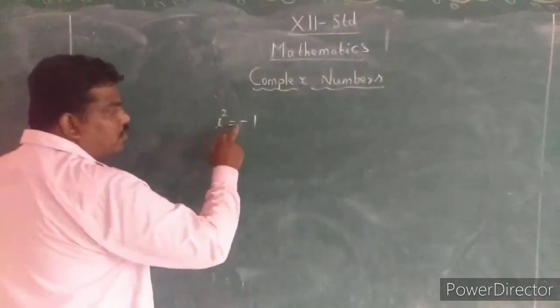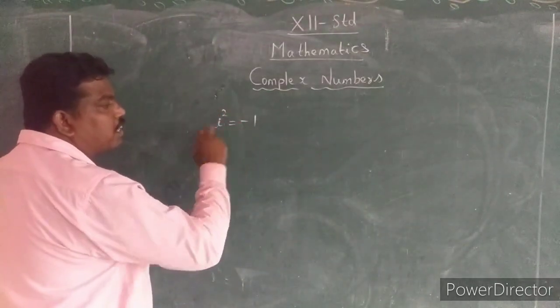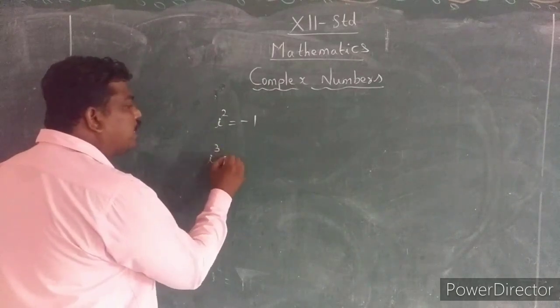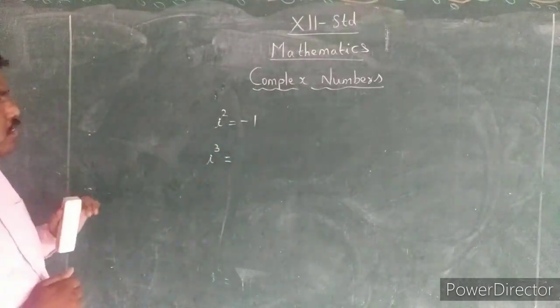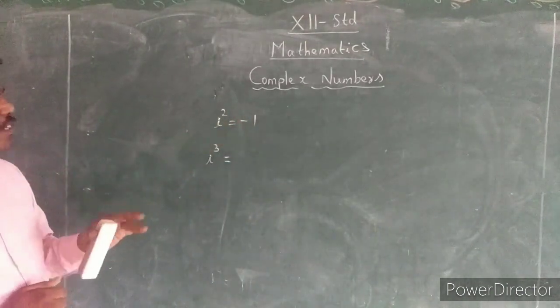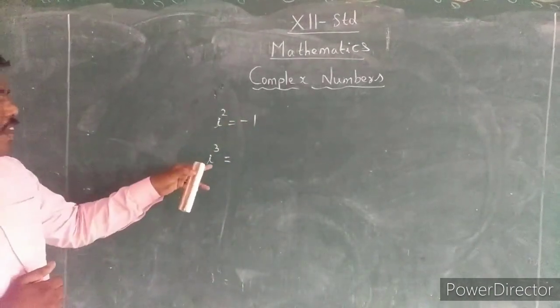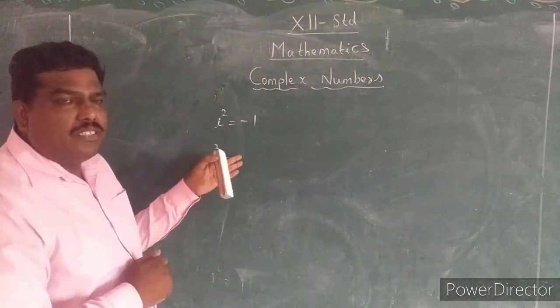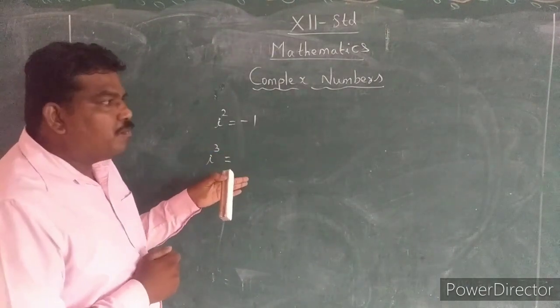Now, here the consideration is i square is equal to minus 1. What about the value of i cube? The i square value is minus 1. Then what is the value? How can I get this value? Is i cube equal to minus 1, or is there any other value? How can I find this value?